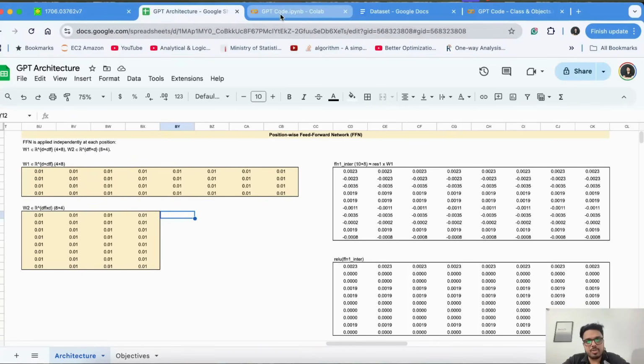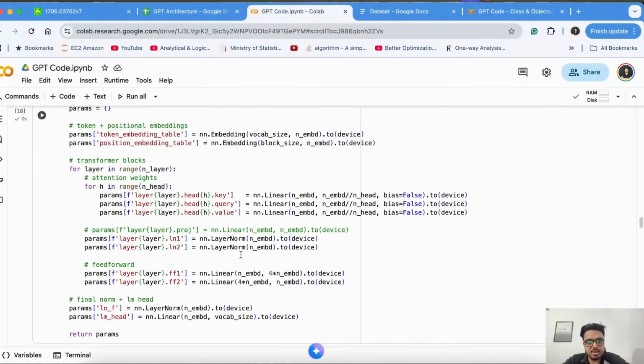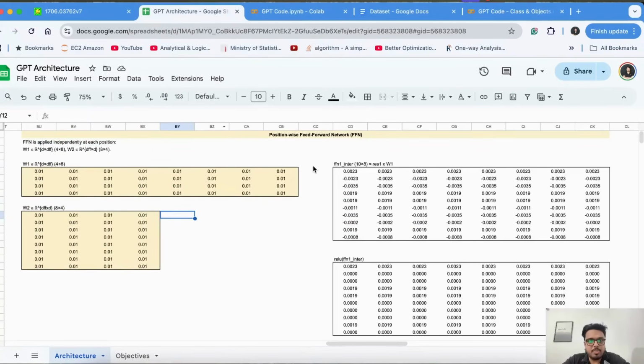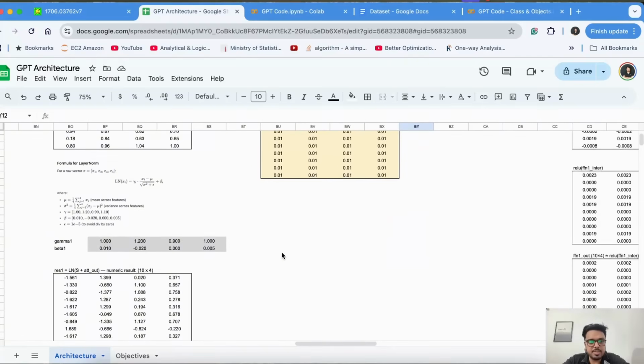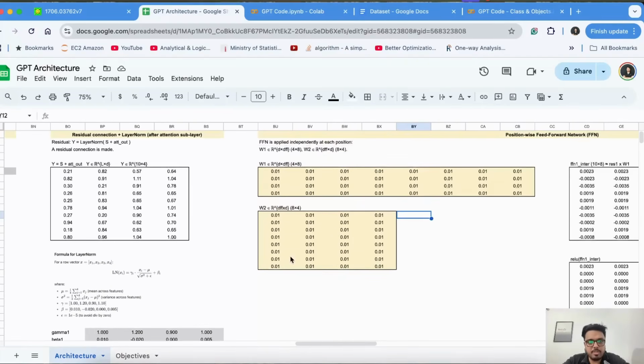But what PyTorch does, and what happens in actual model development or training, is that there is also a bias matrix that gets created. How the matrix multiplication then happens is that first row is multiplied by first column, and then the bias term is added. So a bias matrix whose dimension will be 8 in this case is also taken into consideration, and that also is a learnable parameter.